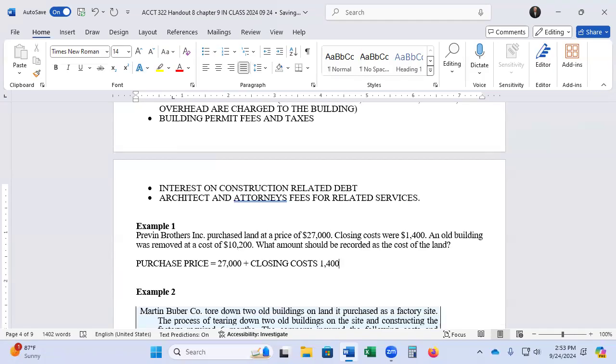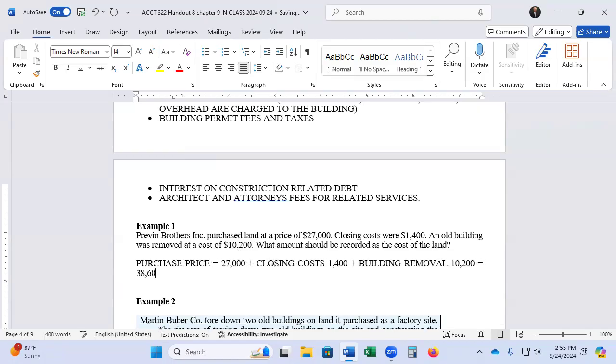And an old building was removed at a cost of $10,200. We add up those totals and we get 38,600.